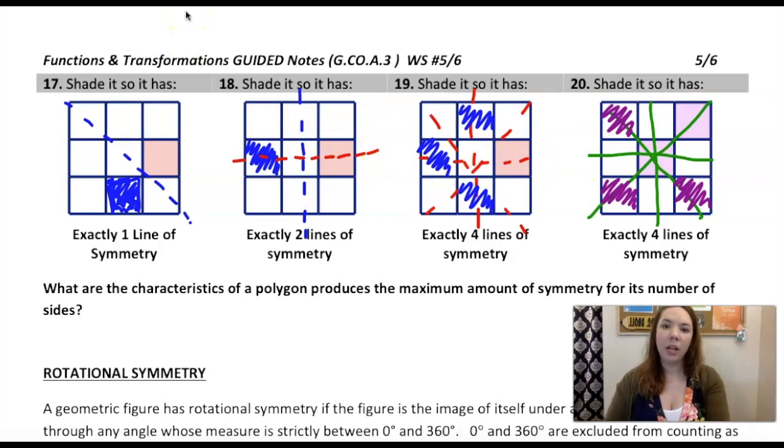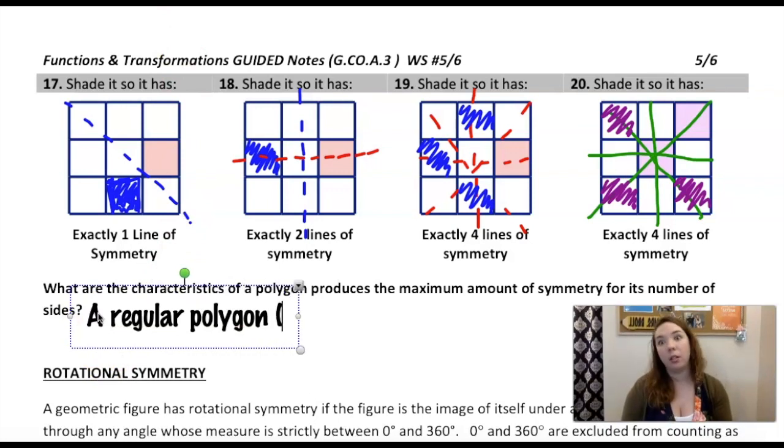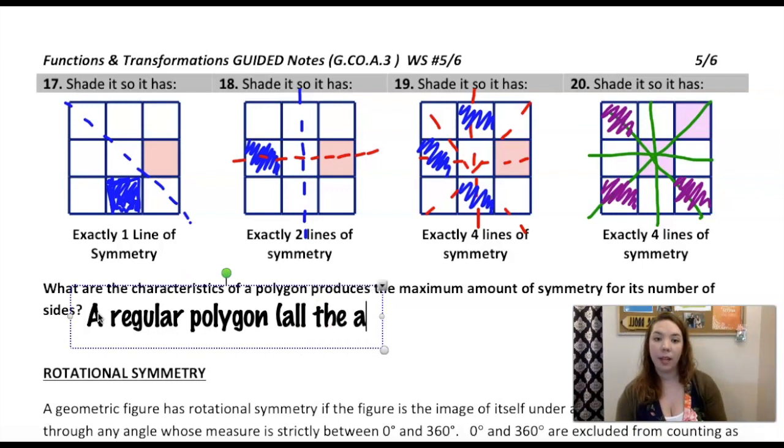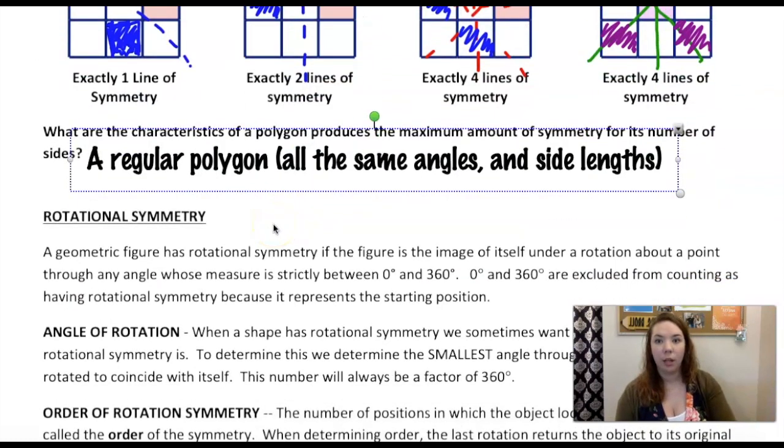Okay, here it says, what are the characteristics of a polygon that produces the maximum amount of symmetry for its number of sides? So a regular polygon, which means it's like a square. So all the same angles and side lengths. That's what regular means. So like in an equilateral triangle, all the angles are the same, all the sides are the same.